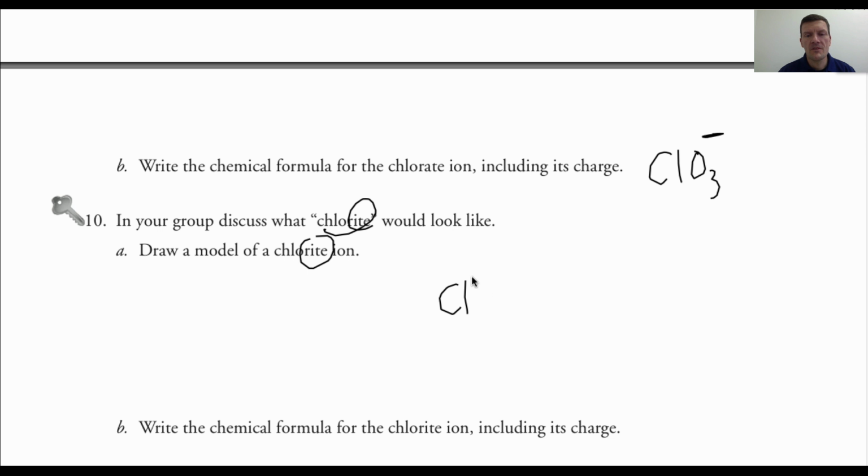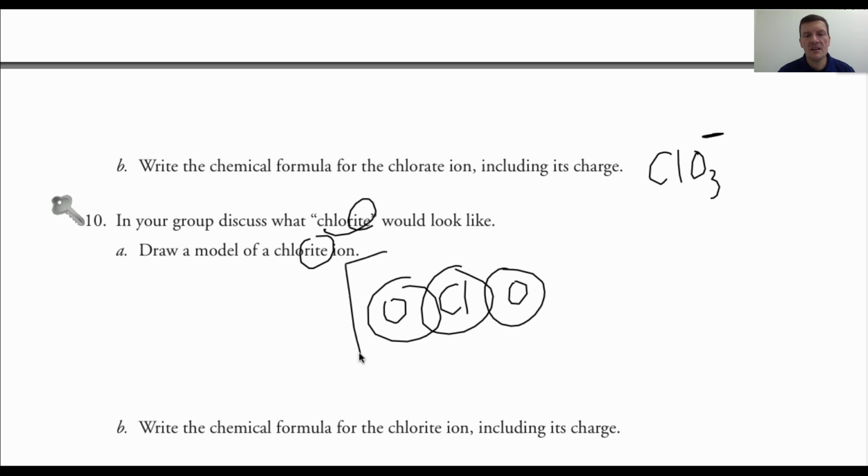So we're going to have the chlorine and the oxygens overlap here a little bit, forming our ite, and it has a charge, probably a similar charge as the other ones. So ite here is going to be ClO2 with a negative charge.